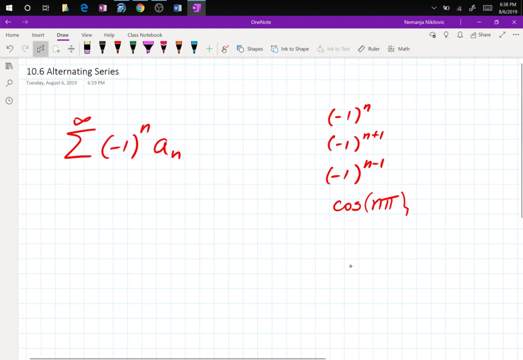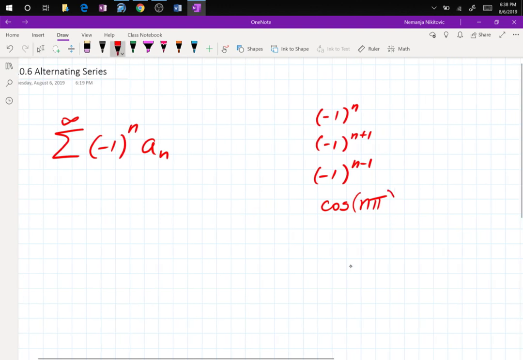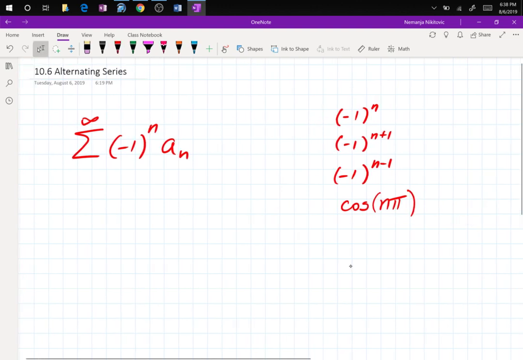See, cosine n pi would give you also the same situation, because if n is 0, cosine of 0 is 1. And then when n turns to 1, you have cosine of pi, and that's minus 1. And then cosine of 2 pi is 1 again. So cosine n pi is the sneaky way to try and hide alternating series.